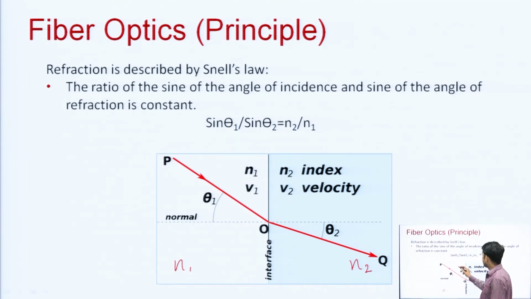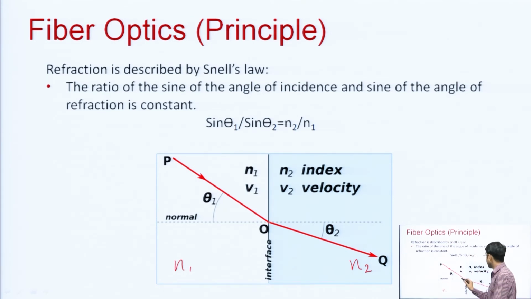This shows the refraction. So, this is the incoming light ray and this is the light ray entering another material. If a light ray enters from a denser medium to a rarer medium, then light bends away from the normal, and if light enters from a rarer medium to a denser medium, it bends towards the normal.